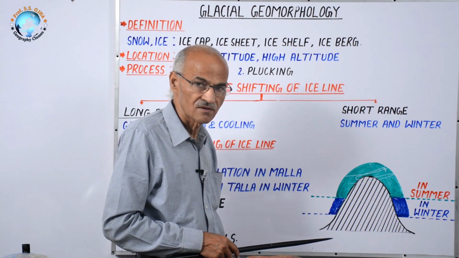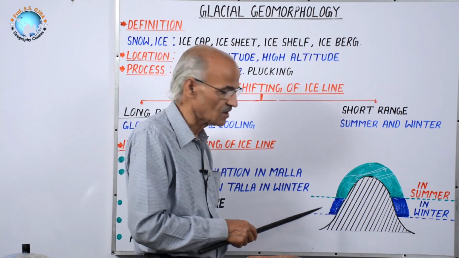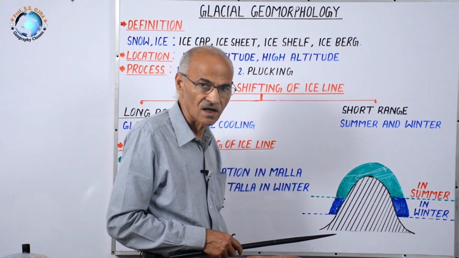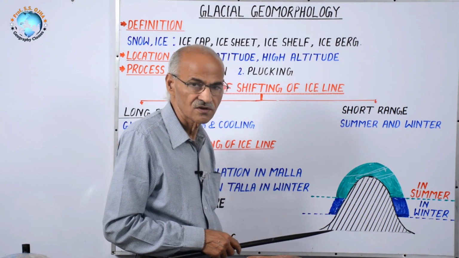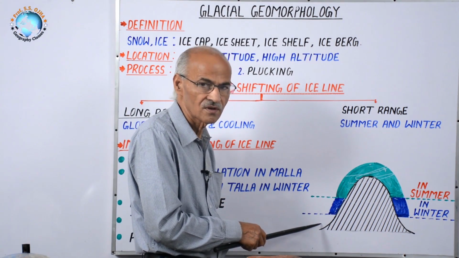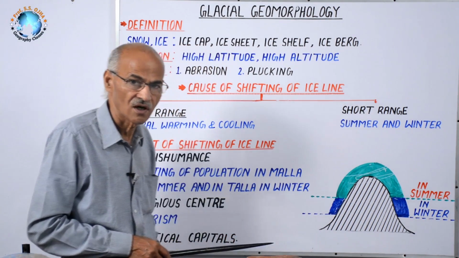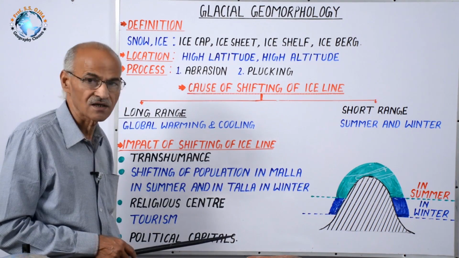But during the winter season, when the ice line comes down, those centers are covered with ice, and devotees flee from those centers and come down. That's why there is seasonality in worship, affected by the shifting of the ice line, which is the result of the axial tilt of the earth.